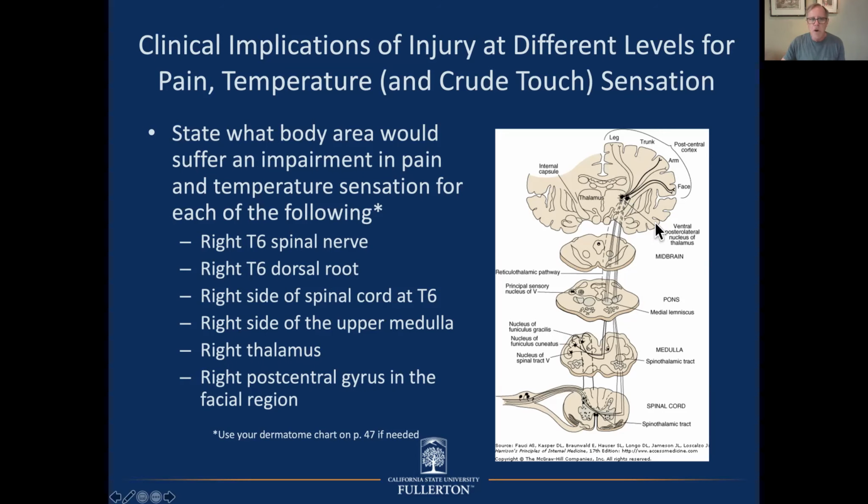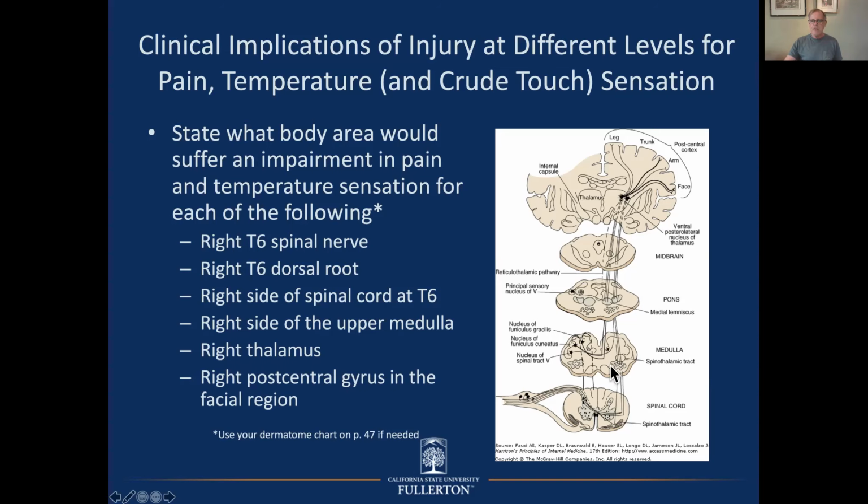All right, so we are going to consider what happens to pain and temperature sensation with lesions at different levels of the CNS and the PNS too. We'll consider that as well.